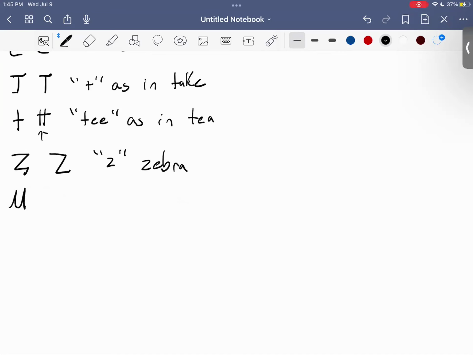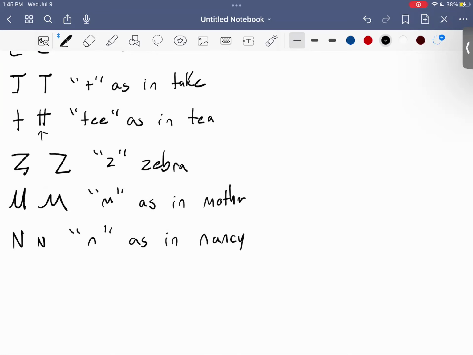The reason I introduced this letter is because it looks a lot like an M, and that's because it makes an M sound, as in mother. The next one that's worth introducing is nay, which makes an N sound, as in Nancy. Okay, so that's not too bad.